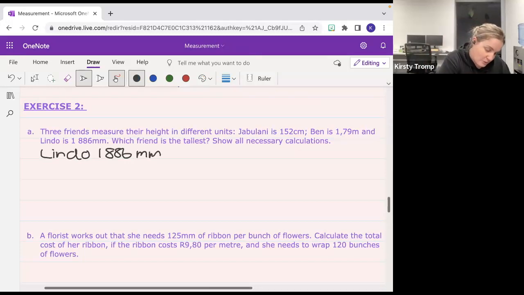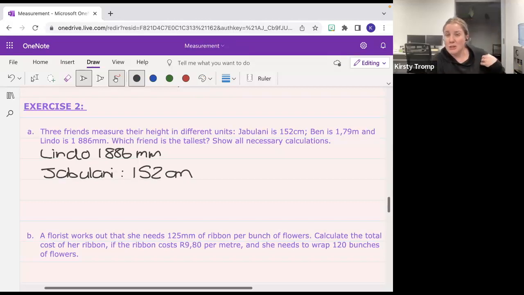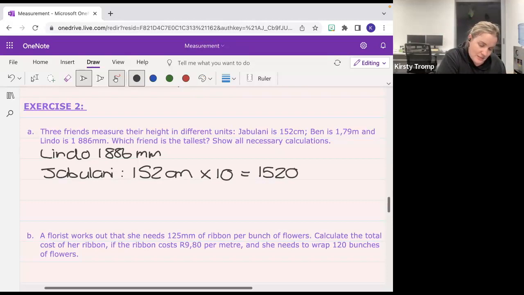If I go back to Jabulani, he was 152 centimeters. If I want Jabulani in millimeters, what do I need to do to get centimeters to millimeters? I need to multiply that by 10. So if I multiply that by 10, I'm going to get 1,520 millimeters. And finally, I've got Ben.